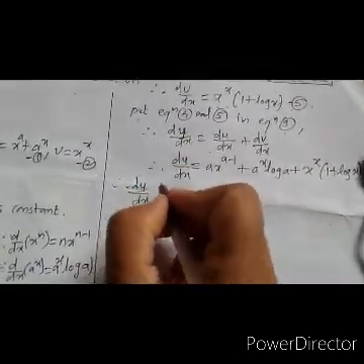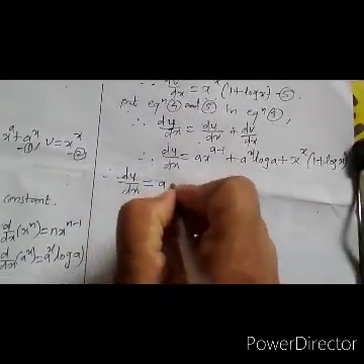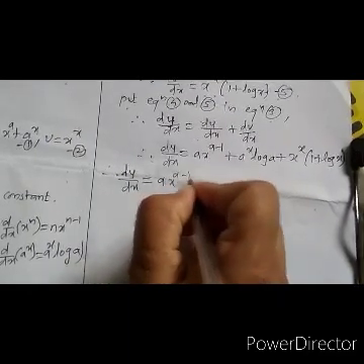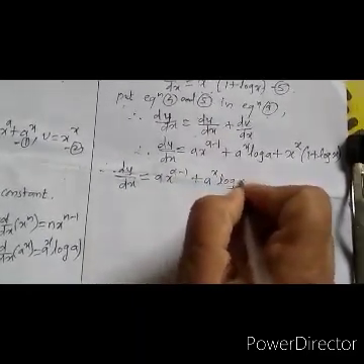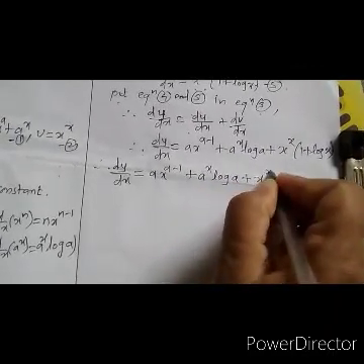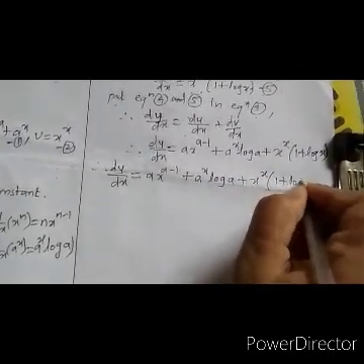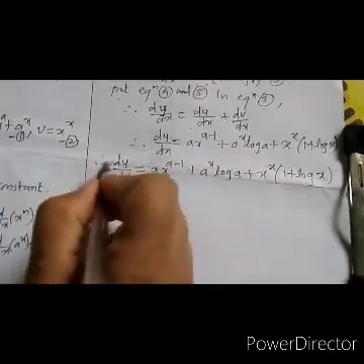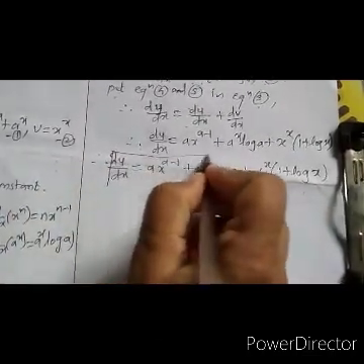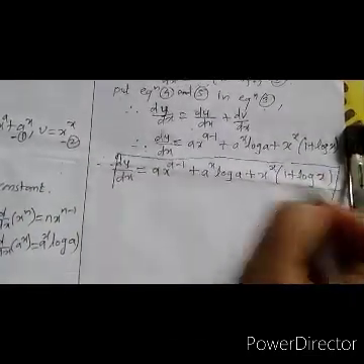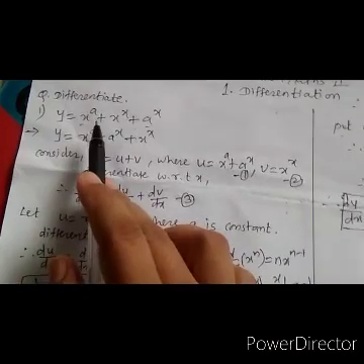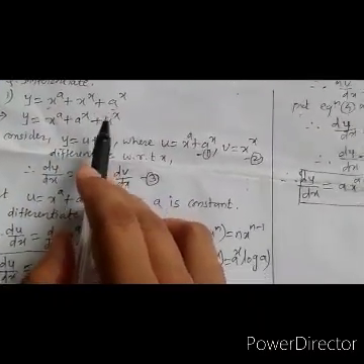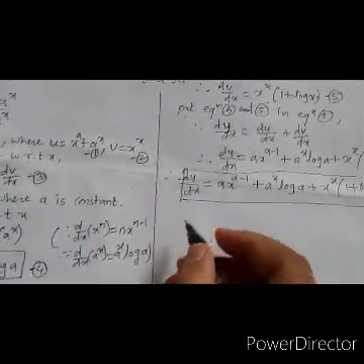Now it can be written as dy by dx is equal to a x raised to a minus 1 plus a raised to x log of a plus x raised to x in bracket 1 plus log of x, and this is the derivative of the given function y, that is x raised to a plus x raised to x plus a raised to x.